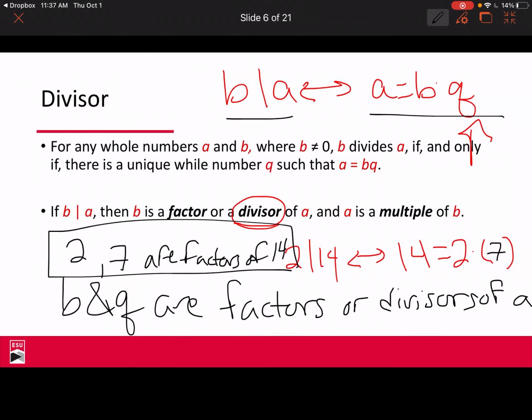And then we can also say that 14 is a multiple of 2 and 7. So this gives us words to relate when a number divides another: what is a factor or divisor, and which one's a multiple.